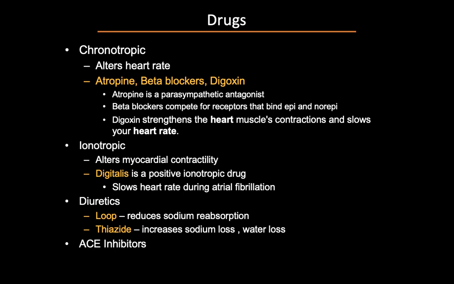So we decrease vasoconstriction, we decrease sodium reabsorption, which also lowers blood pressure and allows for water loss. And then nitrates induce nitric oxide release, and this is for vasodilation. Okay, so that nitroglycerin type of thing falls into this category.